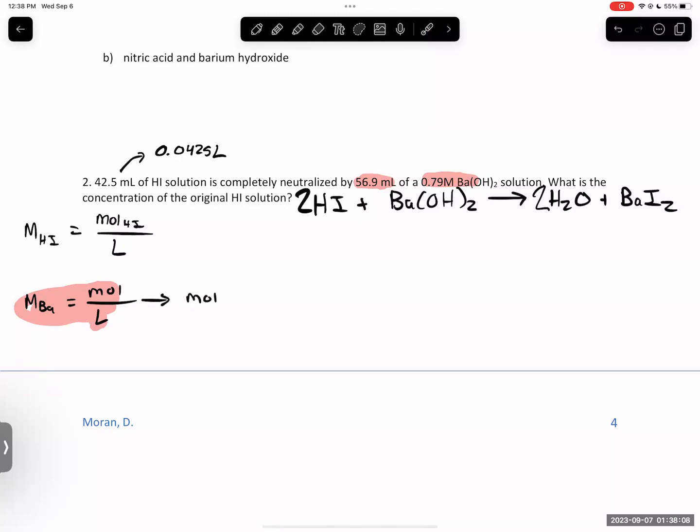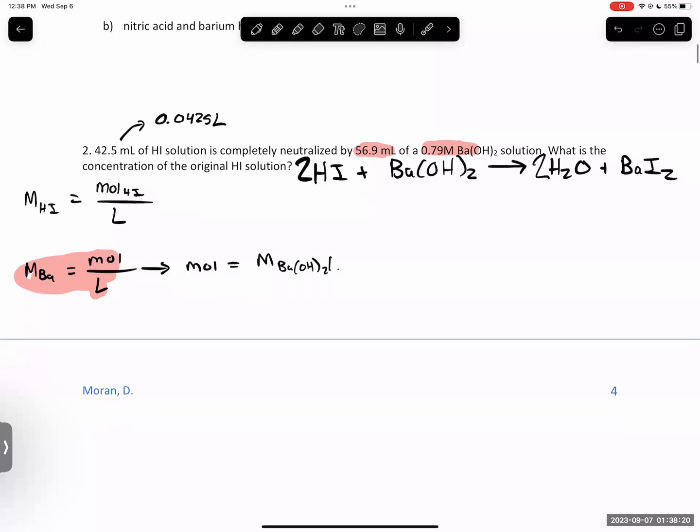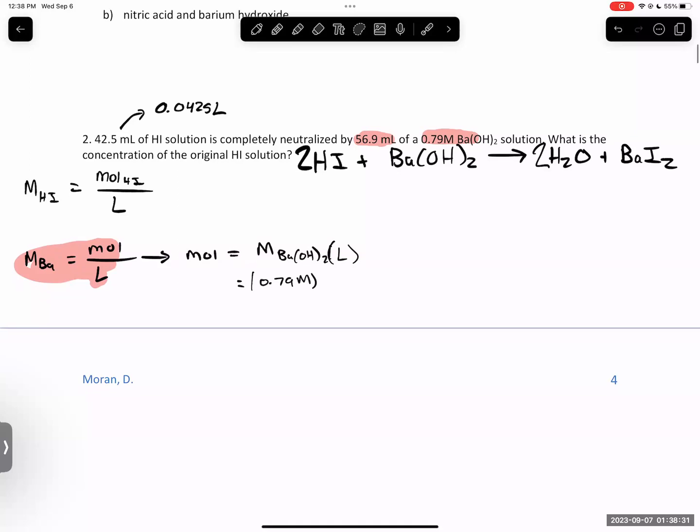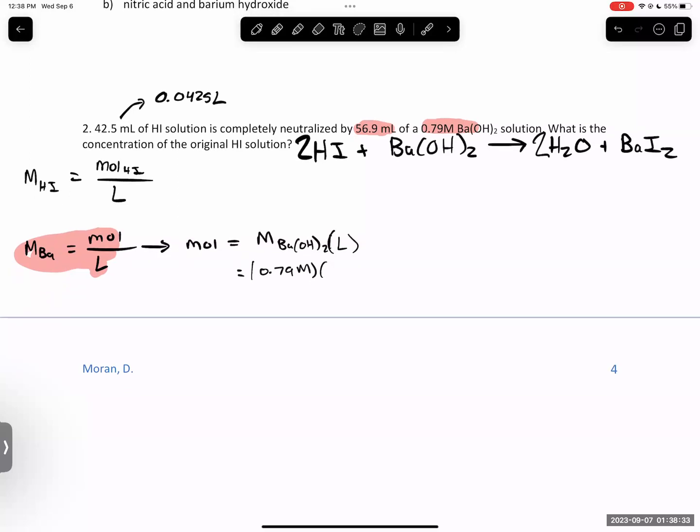So moles is equal to the molarity of that barium hydroxide solution times the liters. All right, so we're given the molarity of 0.79 molar, and we're going to multiply that by the volume in liters, 0.0569 liters.